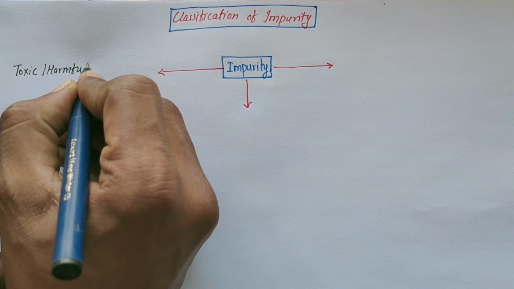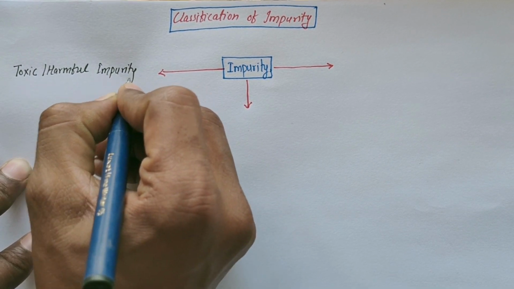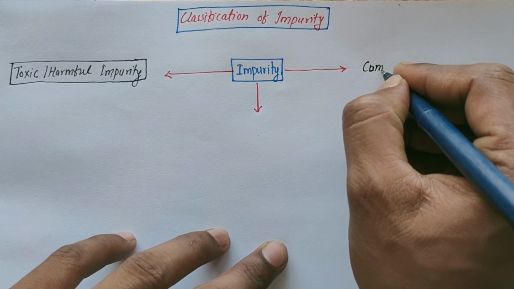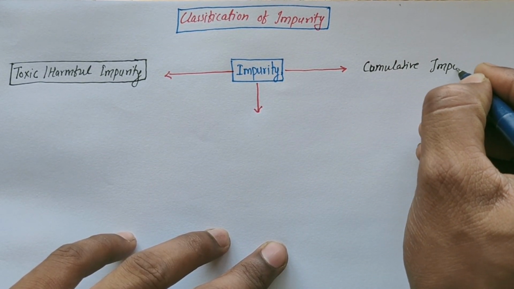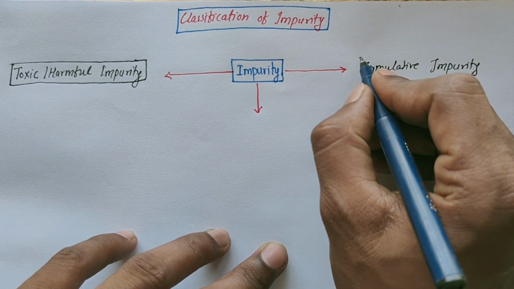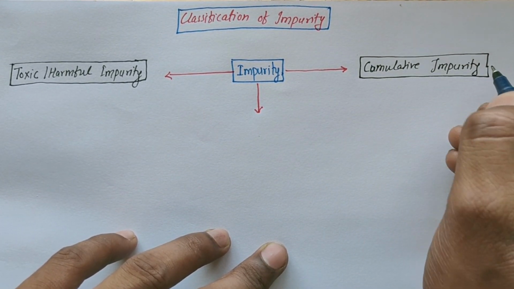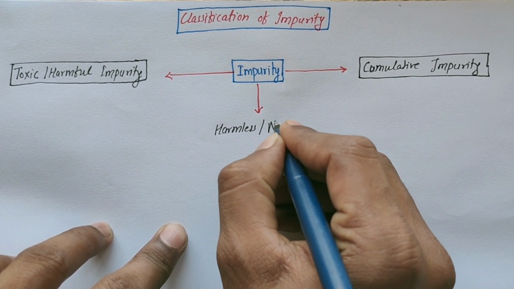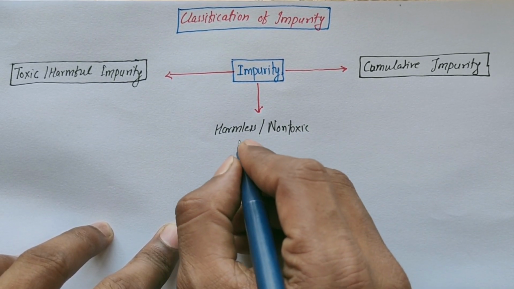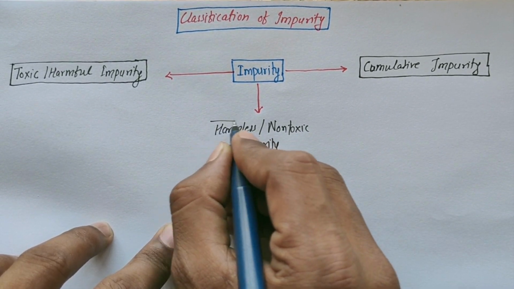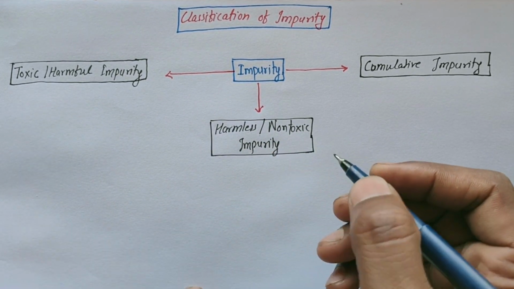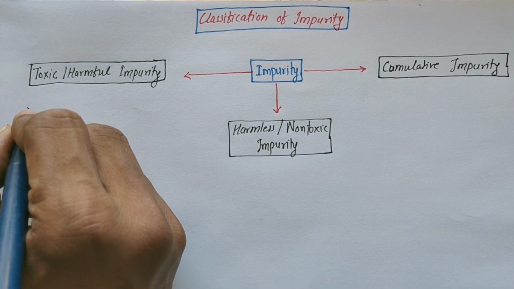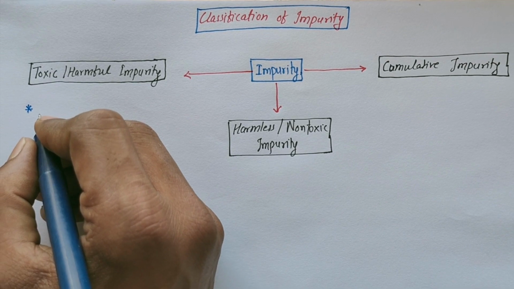The second one is cumulative impurities, which are a moderate type of impurities, I mean, they will show moderate toxicity. Then the last one is harmless or non-toxic impurities, which may be non-toxic but they can cause lots of problems in pharmaceutical preparations if they are available in high quantity.